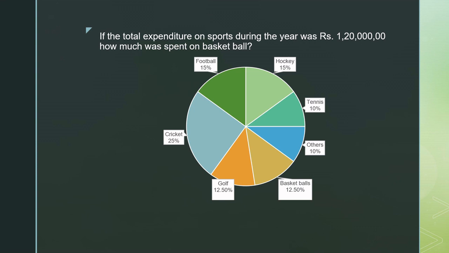If the total expenditure on sports during the year was 1 crore 20 lakh, then how much was spent on basketball? So these are the options. The first option is rupees 9 lakh 50,000, the second option is rupees 10 lakh, the third option is 12 lakh and the fourth option is 15 lakh. So how can we calculate?